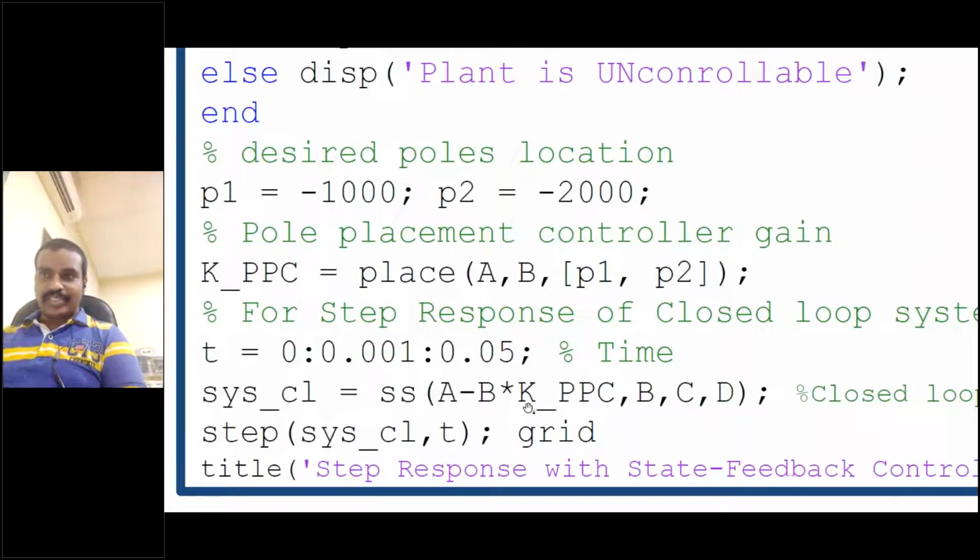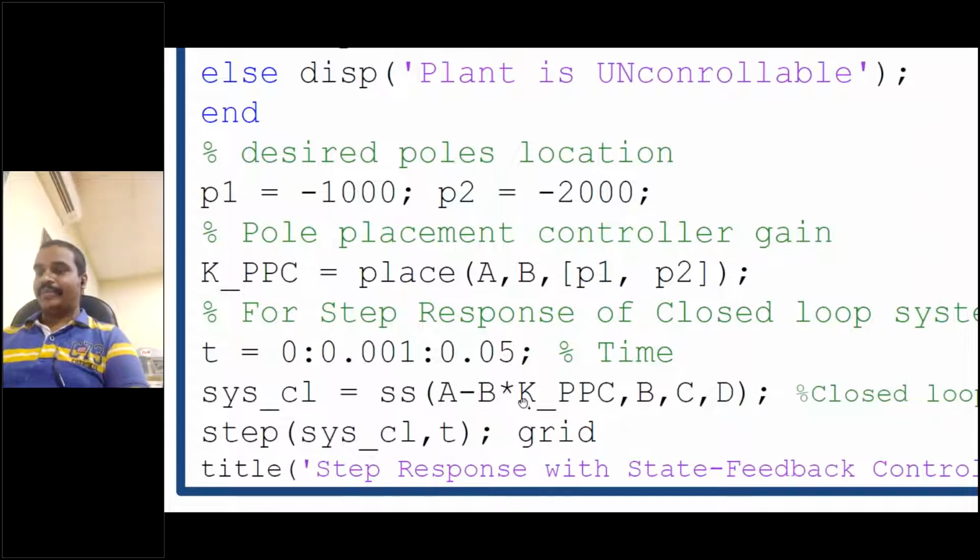Then the closed loop system, what we have seen earlier, A minus B into K. So my A minus B into K has become this, then B, C, and D the same. So I'm forming the closed loop state space system now.